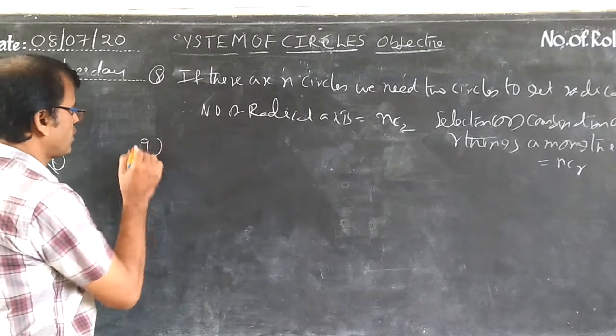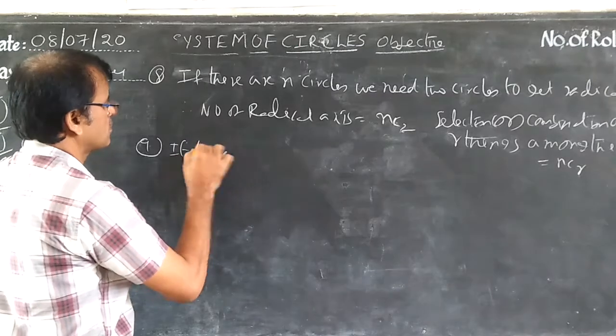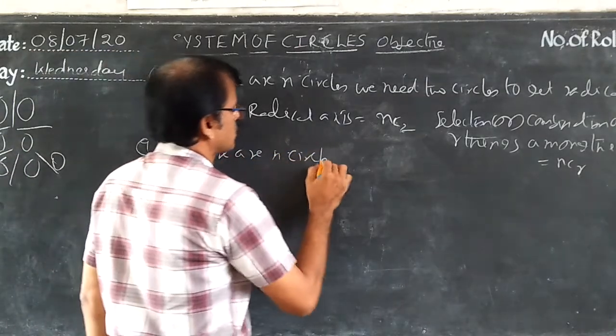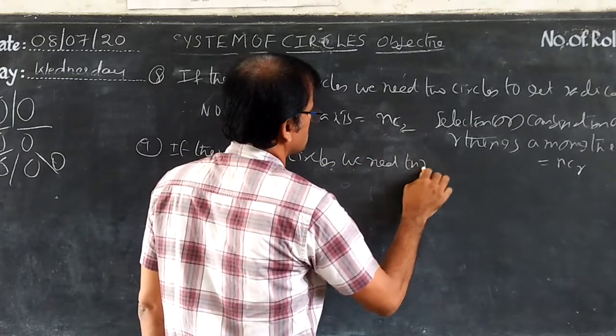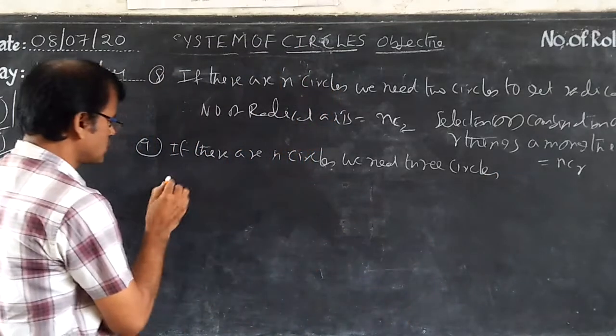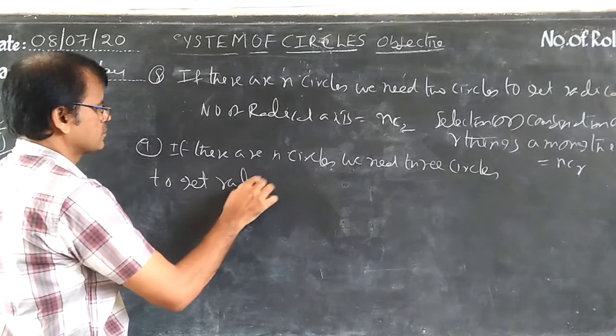Next, ninth formula. If there are n circles, we need three circles to get a radical center.